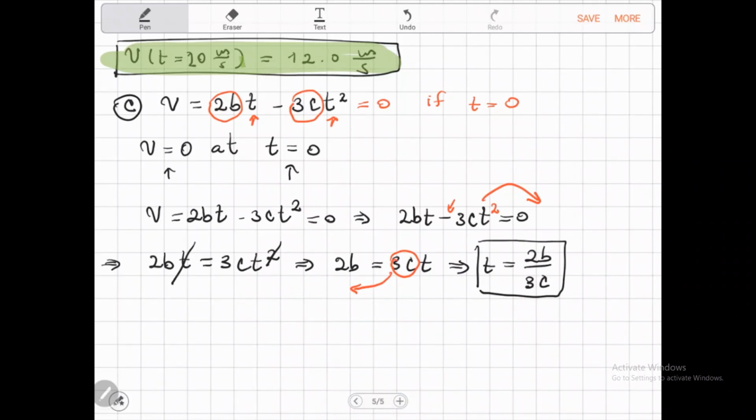So what we have to do here finally is replace the quantities in the formula.